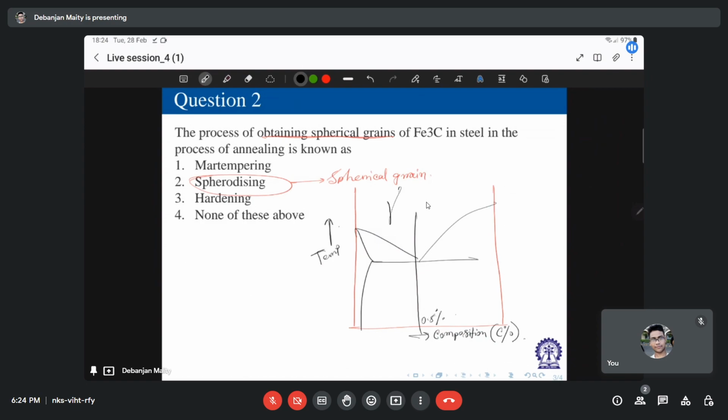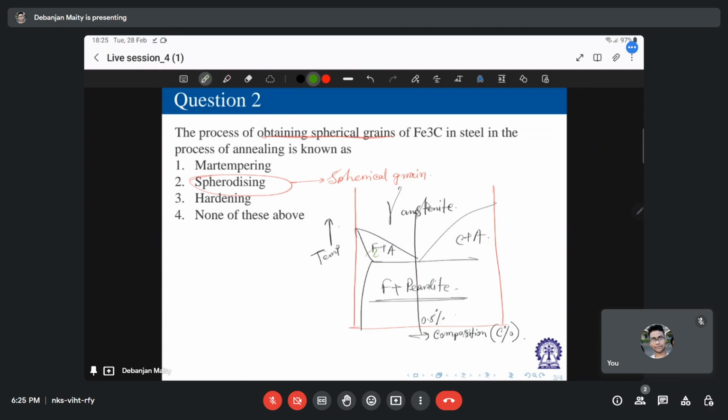This is gamma austenite. And then this is ferrite plus austenite. This is cementite plus austenite. And then this is ferrite plus pearlite. I hope these things are very clear from the iron-carbon phase diagram, so there should not be any confusion. And then the range is here.